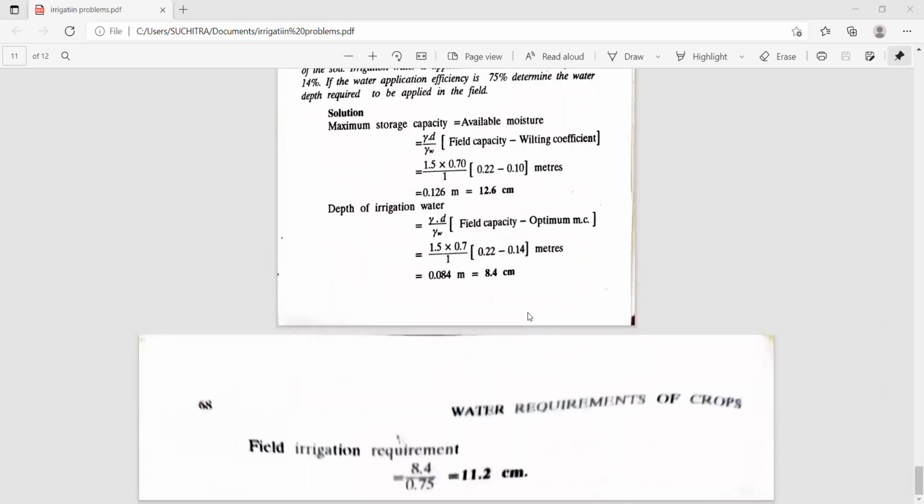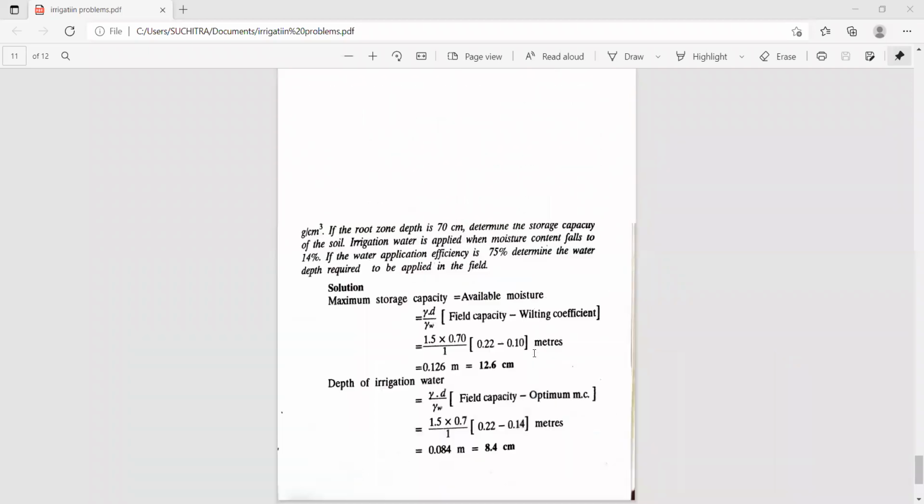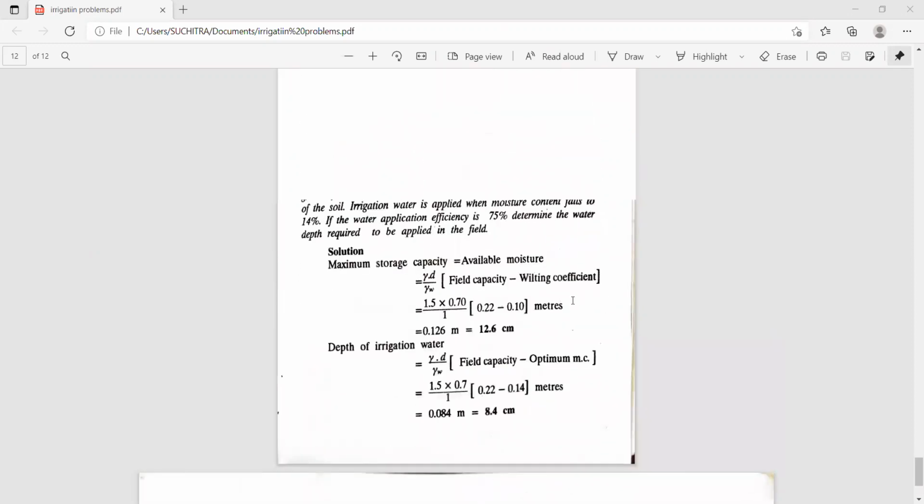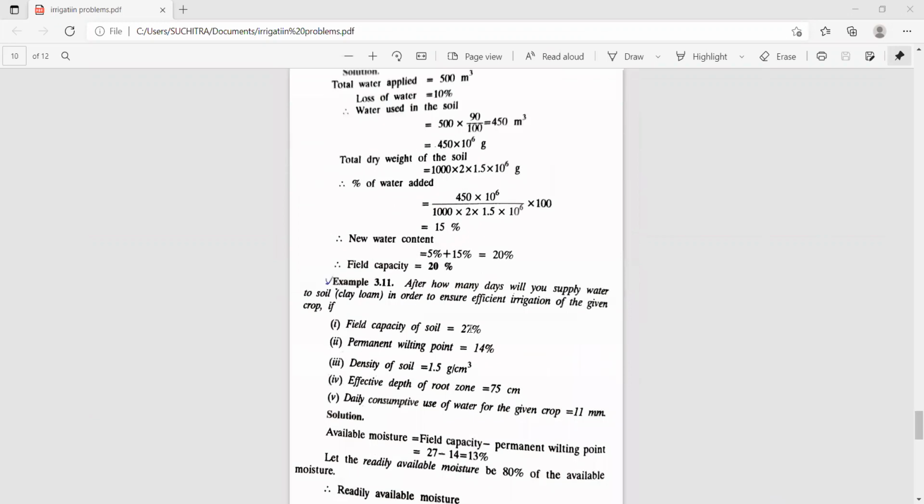Here the depth of water stored in the root zone of the crop is calculated, then the frequency of irrigation, which is about 11.2 centimeters. The other things are the same. The water application efficiency is given as 75%. Determine the water depth required to be applied in the field. It is almost similar to the previous problem.